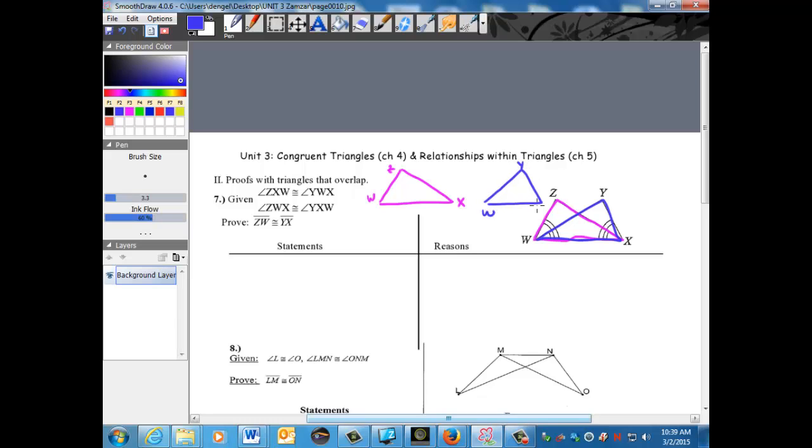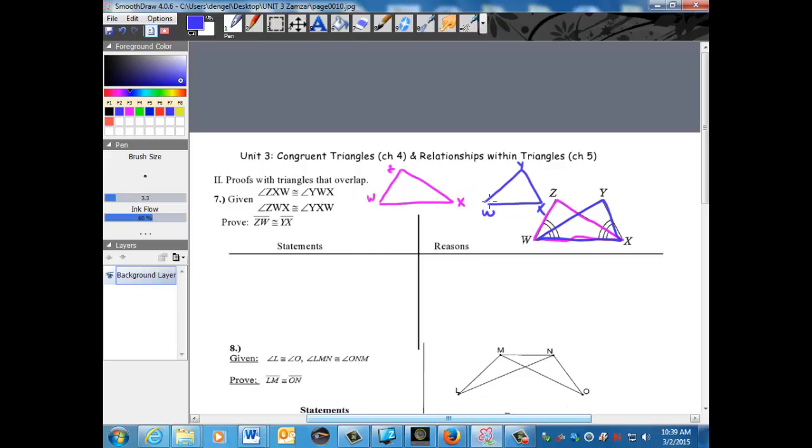Now, the other thing that I'm going to do, and again, you don't have to do this, I just do it because it helps me see it better. I'm going to draw this triangle so that it looks just like this one, so I know which letters match up with which letters. Because right now, it's still a little blurry or a little bit confusing.